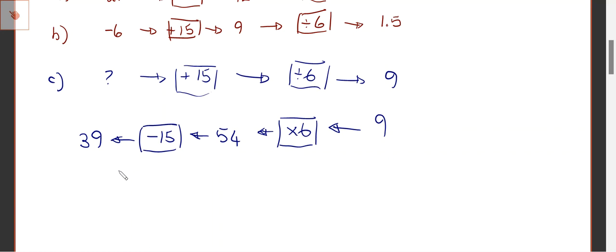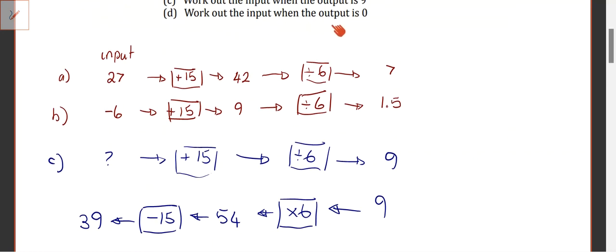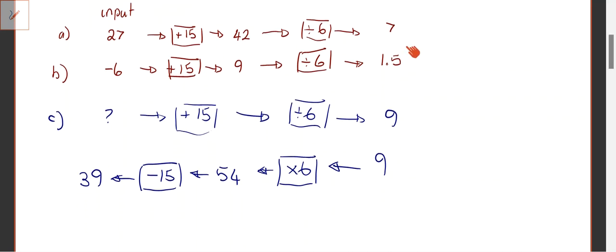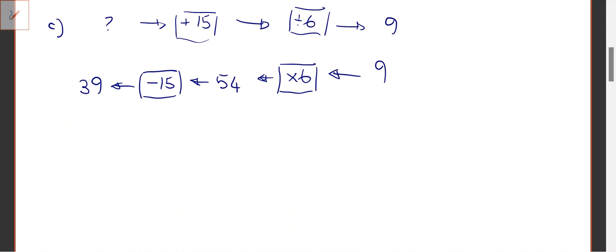All right. Make sense? Can I get you to do D yourself then, just laying it out like this? So D, work out the input when the output is 0. So we're going to start with 0.